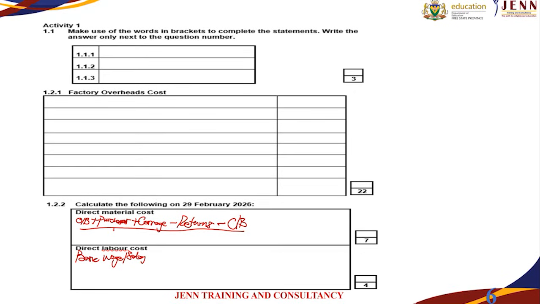In most cases, in terms of wage, they will give us the number of hours that the employees worked, and we multiply the hours worked by the employee by the rate per hour. This rate per hour will be the amount of money that we pay per hour. Once you do that calculation, it will give you the basic wage.